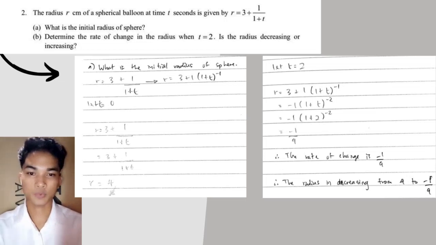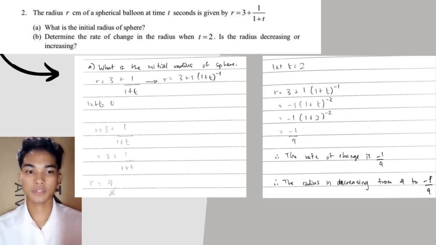The first step, we write down the equation given from the question. Then we let t equal 0. Then we have r equals 3 plus 1 over 1 plus t, and we change the t with 0.